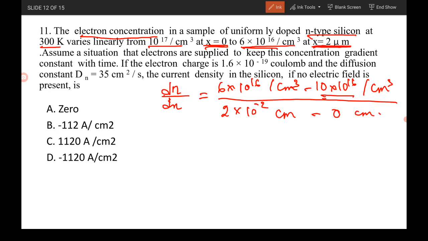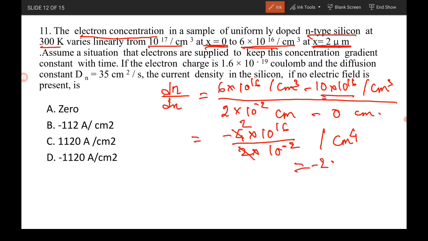Okay, so here what value will we get? We will get minus 4 into 10 to the power 16 divided by 2 into 10 to the power minus 2 per centimeter to the power 4. So the final value is how much?